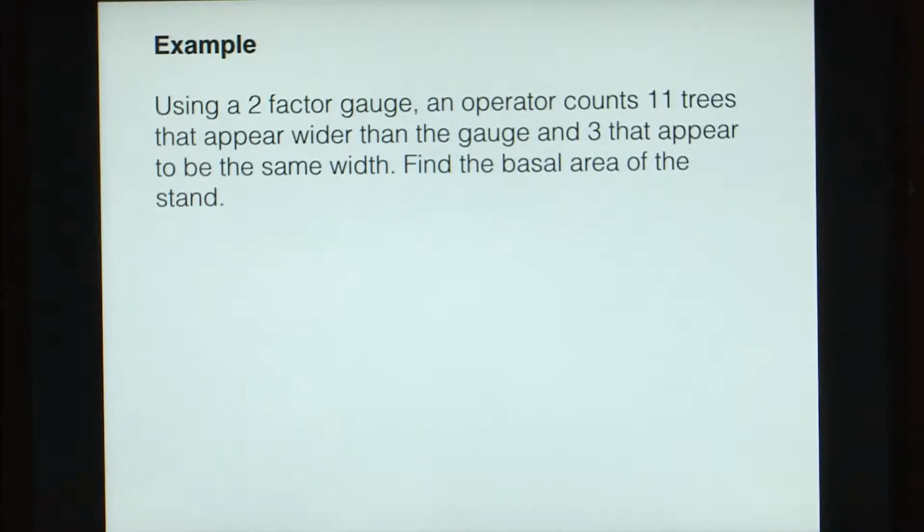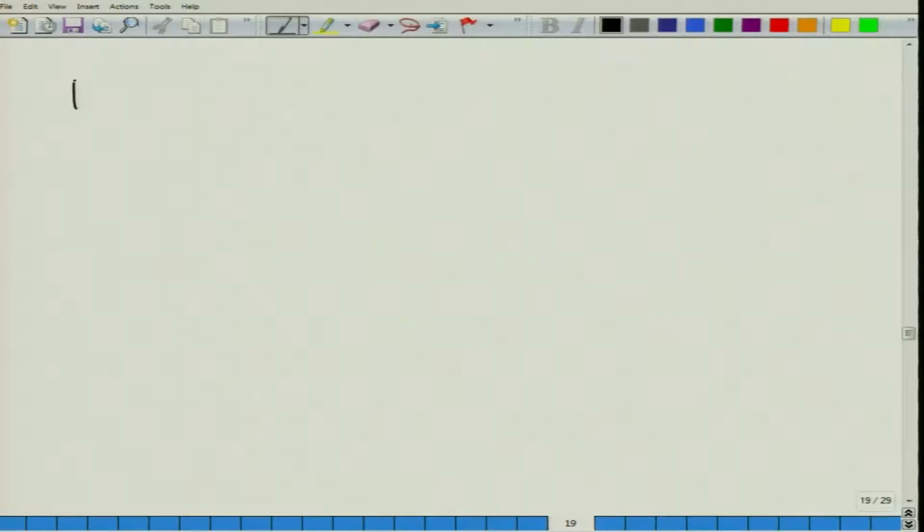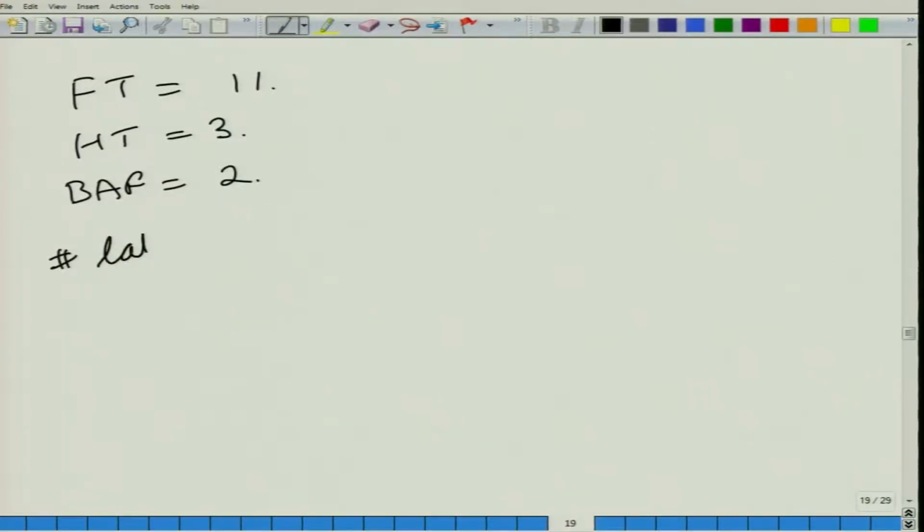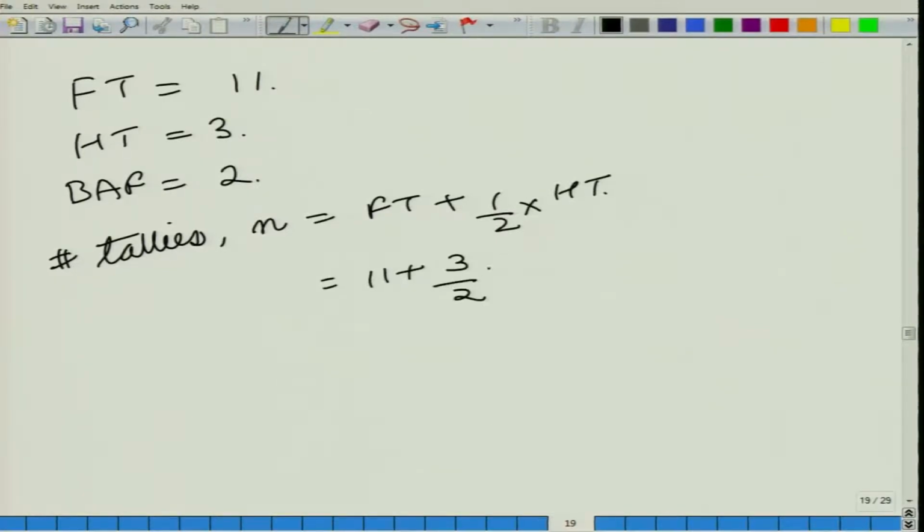So how do we do that? We are given that the number of full tally is 11, the number of half tally is 3, and the basal area factor is equal to 2. So the number of tallies, which we call n, is equal to the number of full tallies plus half the number of half tallies, which is 11 plus 3 by 2. Now 3 by 2 is 1.5, so this is 12.5.